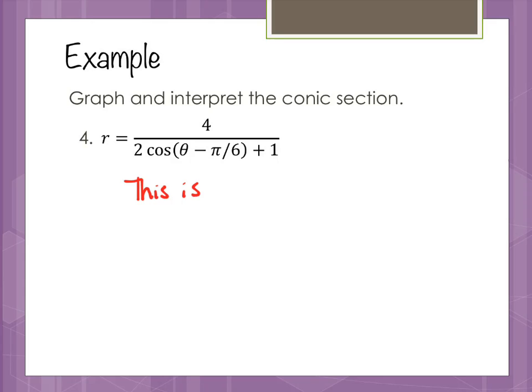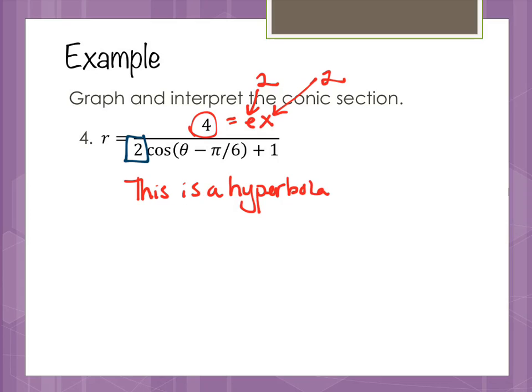Because on the top it should be e times x, and you know that the e is 2 from the bottom of it, so x has to be 2. Okay. In particular, we could just look at this being the eccentricity itself, because the eccentricity is what tells us, right? The eccentricity is 2, and so since the eccentricity is 2, we've got a hyperbola, right?